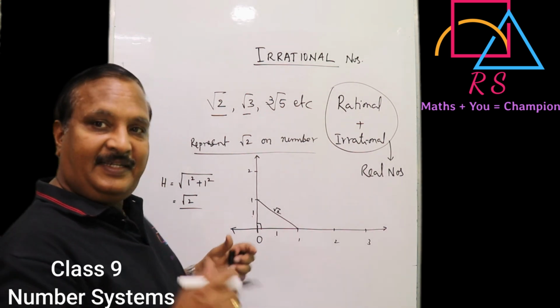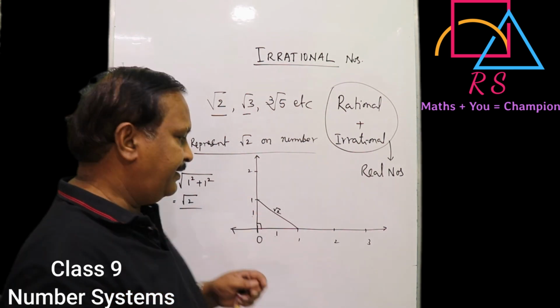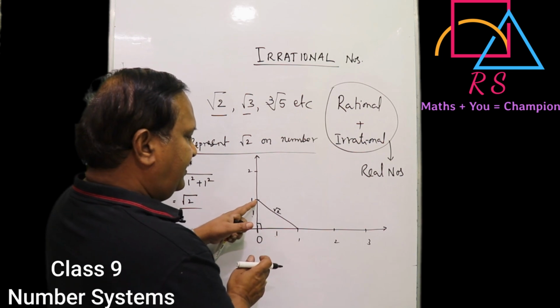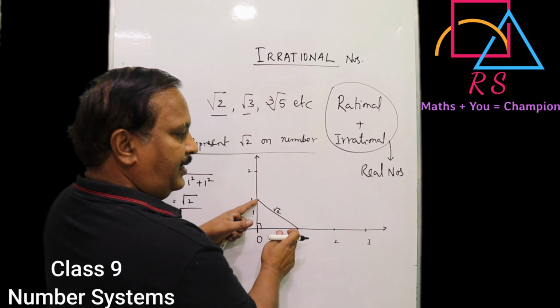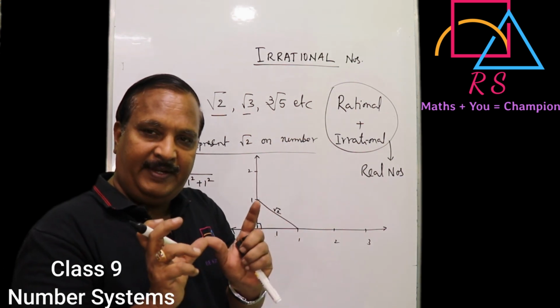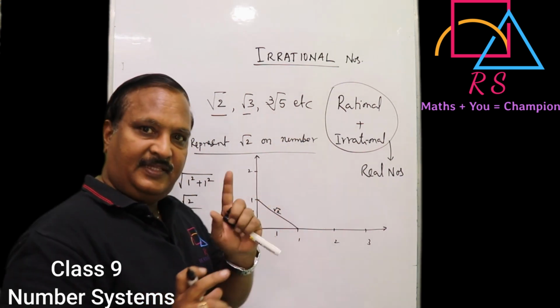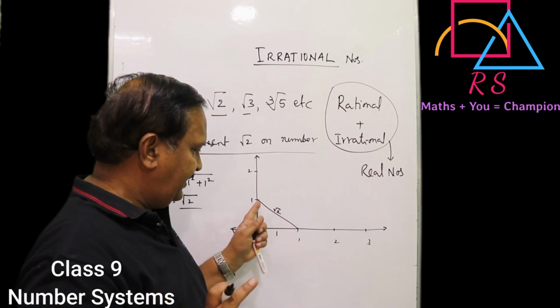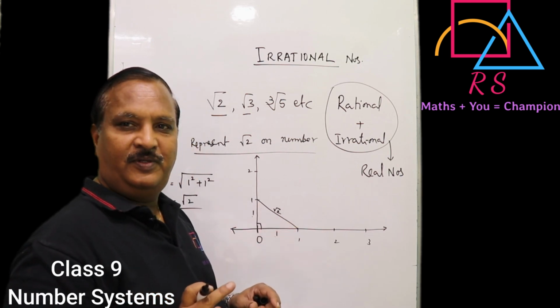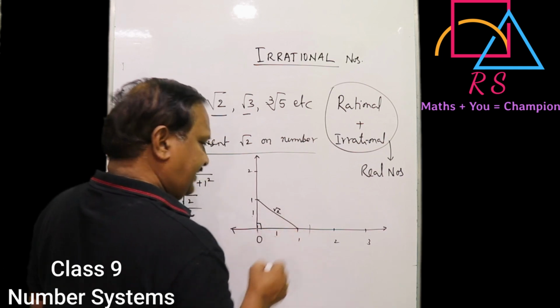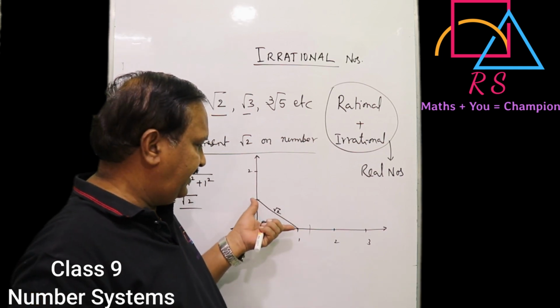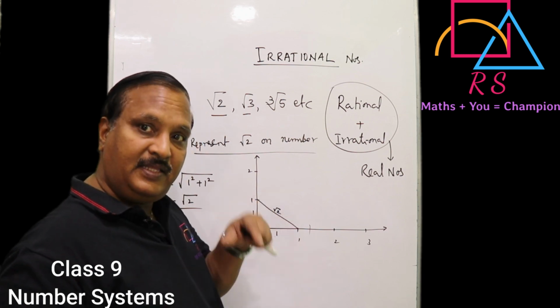You understand? Take a compass, keep the needle at one point and the pencil tip on the other point, so that the distance between the needle and the pencil tip is root 2. So from 0 you cut an arc with the same radius. That means you have to take the radius of root 2 in the compass.